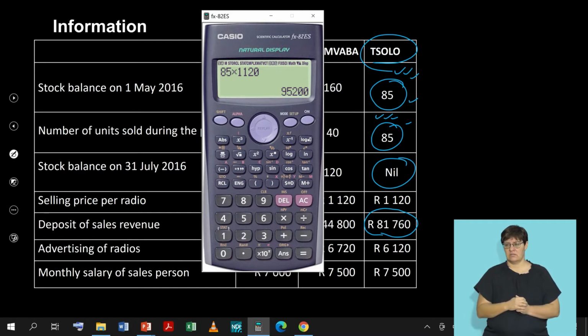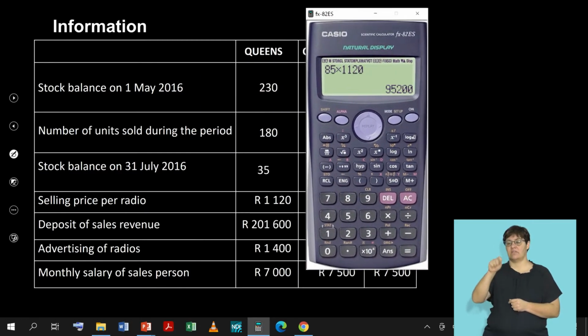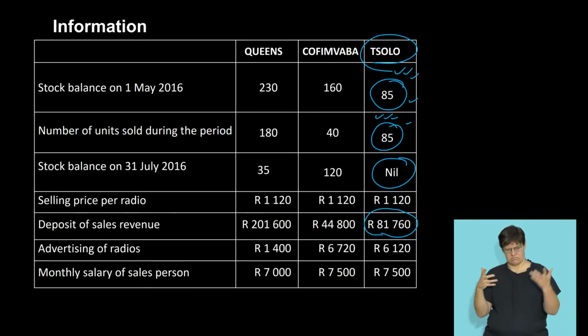Okay, what's that again? I said we sold 85 units, as we can see here, and the selling price per radio was 1,120, meaning if I multiply the units by the number that I sold, I should deposit an amount of 95,200. Okay, now let's look at what I deposited. I only deposited 81,760.